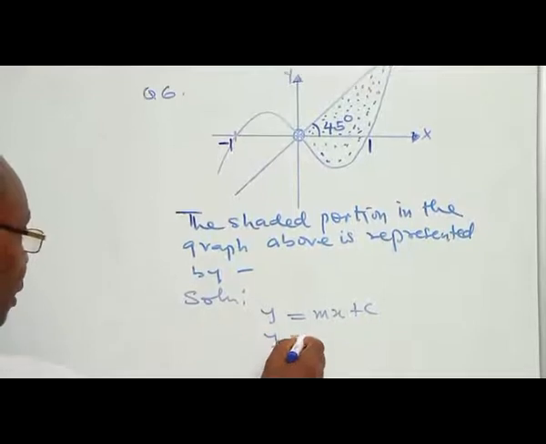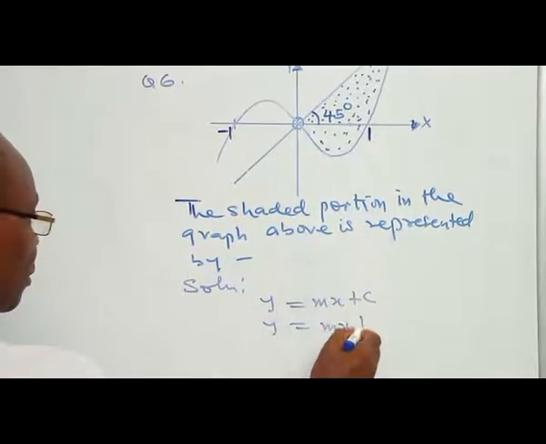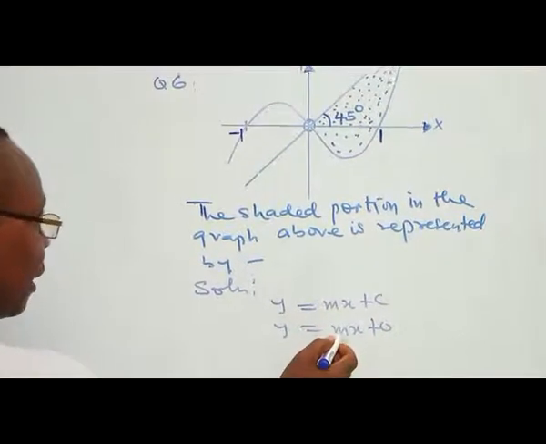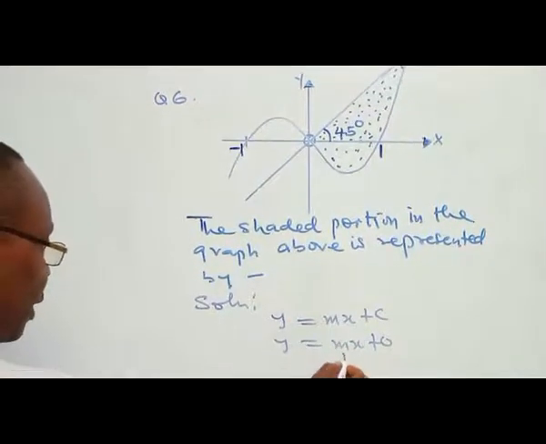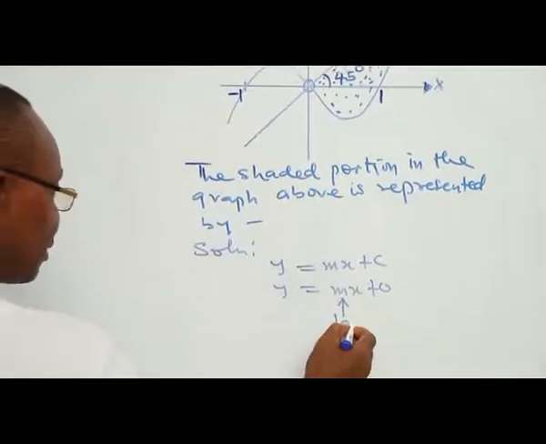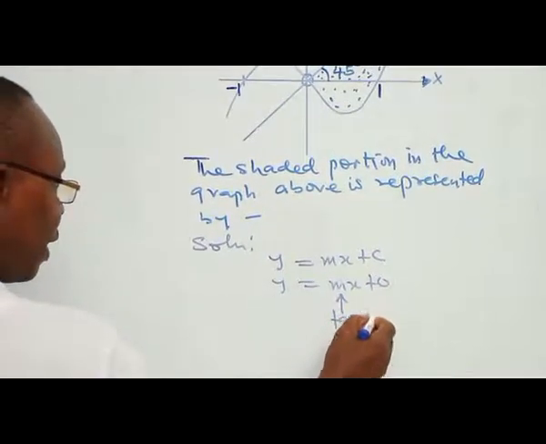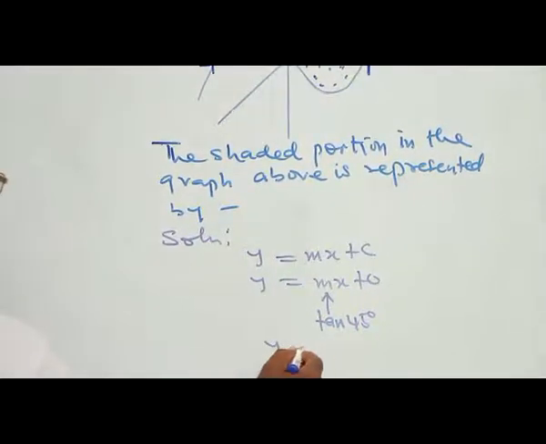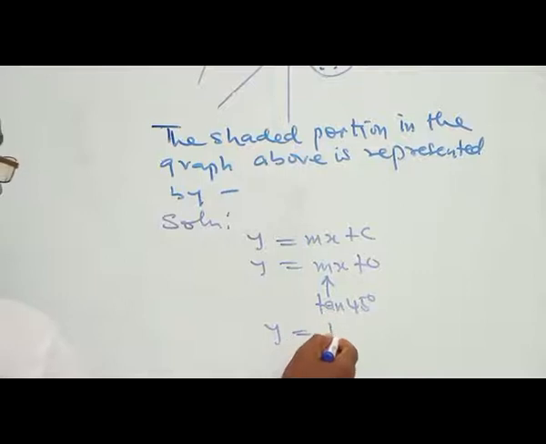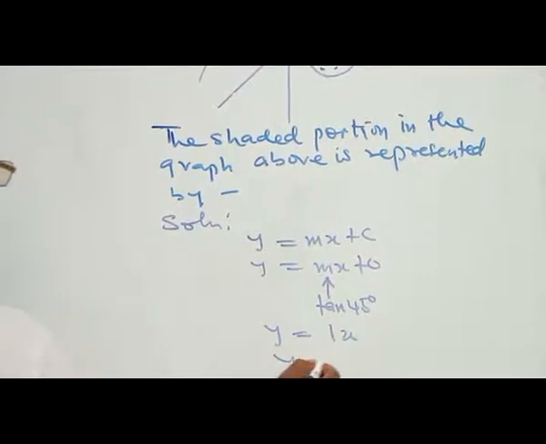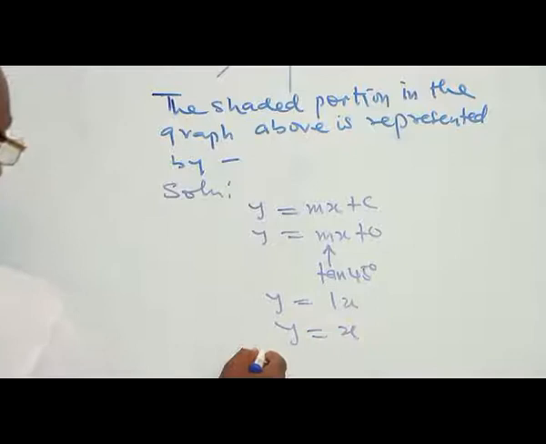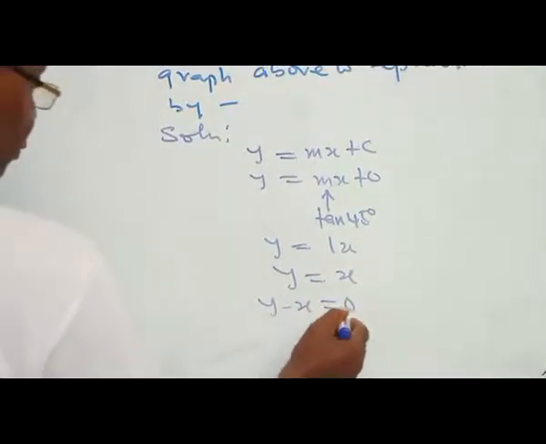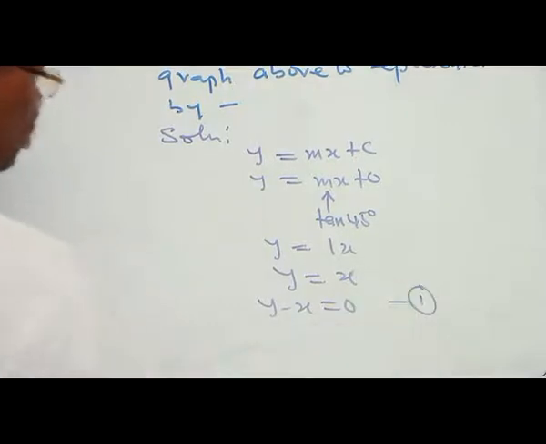So our y is equal to ms plus 0. Then our m is the gradient. And the gradient here is also equivalent to what we call the tangent of the angle, 45 degrees. Gradient is tangent. So we have y equal to tangent 45, which is 1, times s. Therefore we have y equal to s. Or you can say y minus s is equal to 0. This is your first equation.